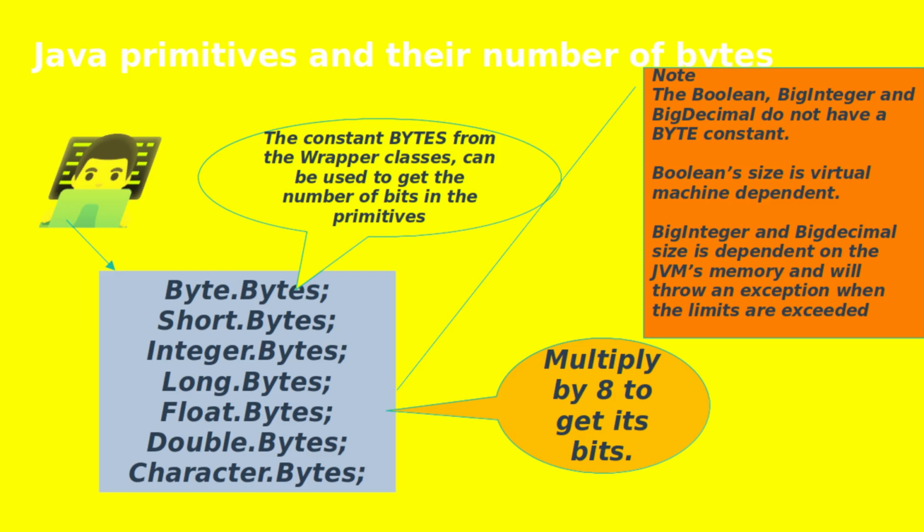But note that the wrapper classes Boolean, BigInteger and BigDecimal do not have the BYTES constant. Boolean size depends on the virtual machine implementation, and the BigInteger and BigDecimal size depends on the JVM's memory and will throw an exception when the limits are exceeded.